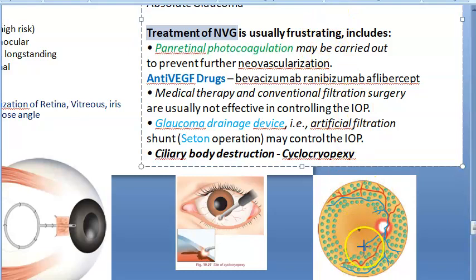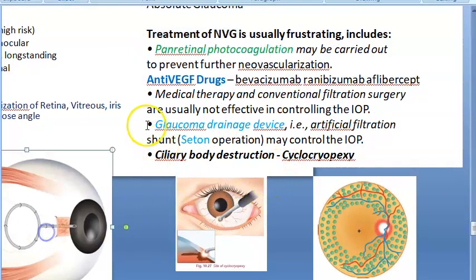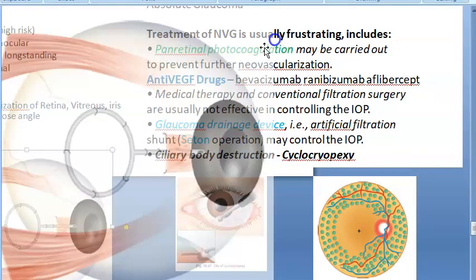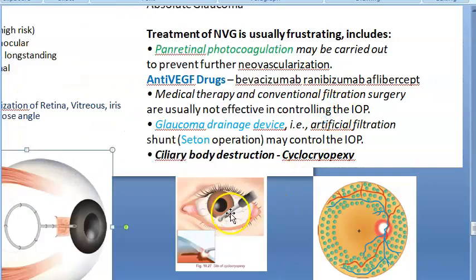Except this macular area and around it, they're photocoagulating the retina, right? So that new blood vessels will not form. Okay. So then what else are they giving here? Anti-glaucoma drugs. And then they are giving glaucoma drainage devices. Look at this. This is the glaucoma drainage device, that is Seton, that also can be given.